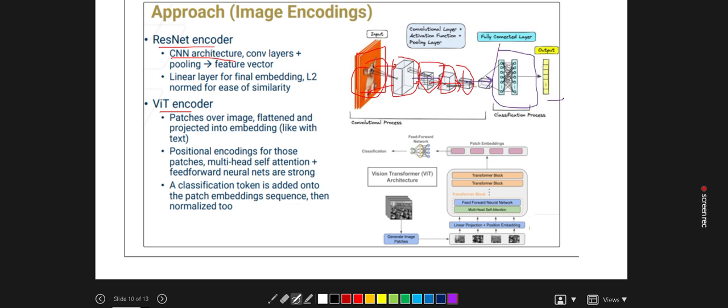Okay, so how is it ResNet? What's different in ResNet from a CNN is that the name came from residual connections. So what happens is that there are a lot of layers in this CNN. It's very deep. When one convolution layer passes the feature maps to the next convolution layer, and then the next one passes it to the next layer, there's a chance that the feature maps may get distorted.